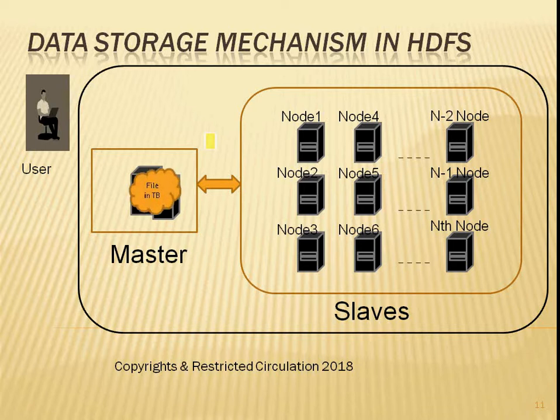The master will create the data about data, that is the metadata, and it will store that metadata inside the master. After that it will create a block. See, b1 is a block which has been created, and it's stored inside node 1, node 5 and node 6 randomly. It is decided by the master.